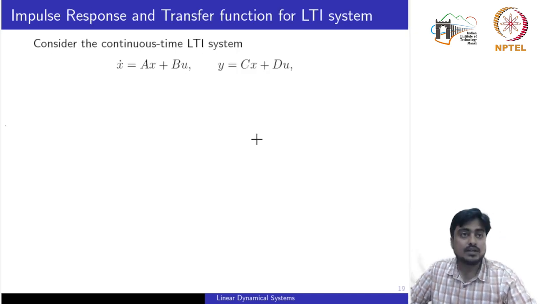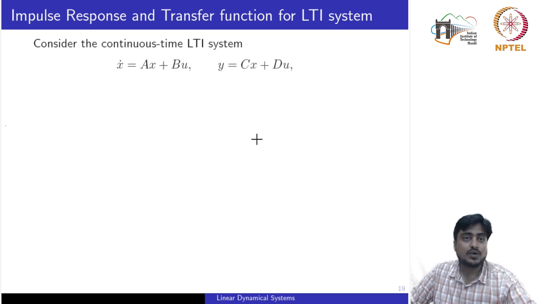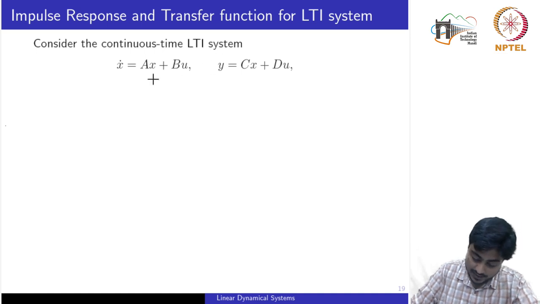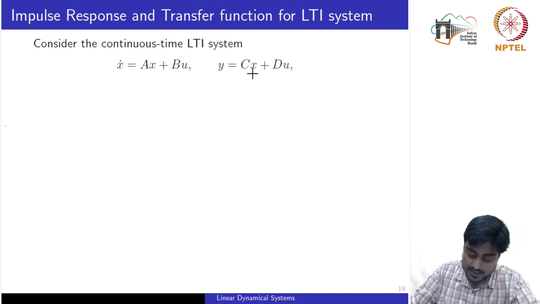Now introducing the impulse response and the transfer function for LTI system, what we are basically aiming at is to see the relationship between the input output description that we had introduced earlier and the state space system we just introduced now. So consider the continuous time LTI system, which is defined by A, B, C, D matrices.